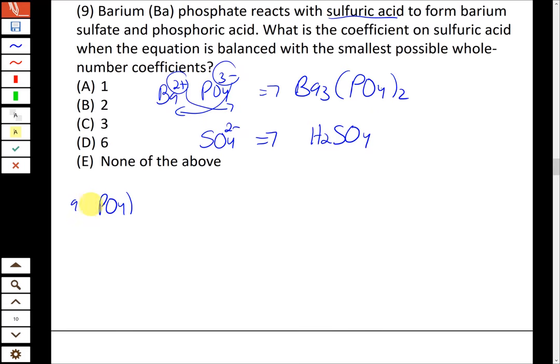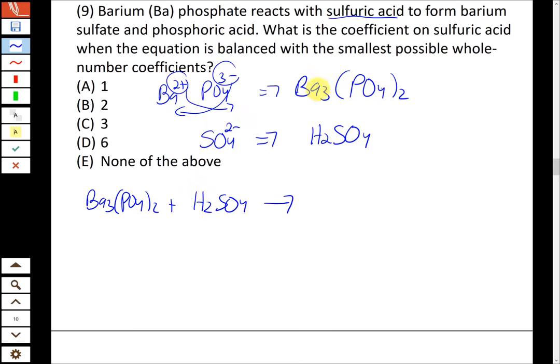Let me get a little bit of space in case I need to put a coefficient in there. So barium phosphate and sulfuric acid. And then we're told that the products are barium sulfate and phosphoric acid. So it's kind of like an ion exchange reaction, but one of the ions is hydrogen, H+.